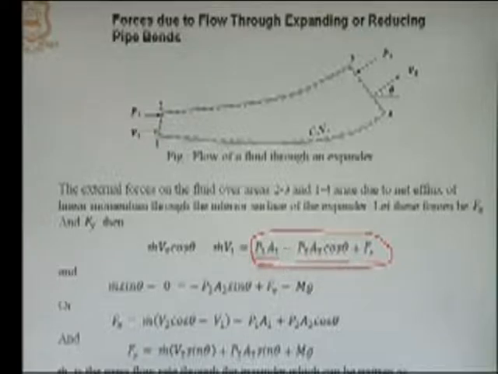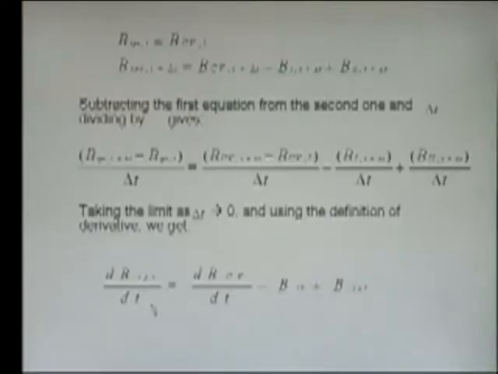Now, this force is equal to the rate of change of momentum of the system, but since we are applying it for the control volume, this was for system and this is for control volume, both are same.